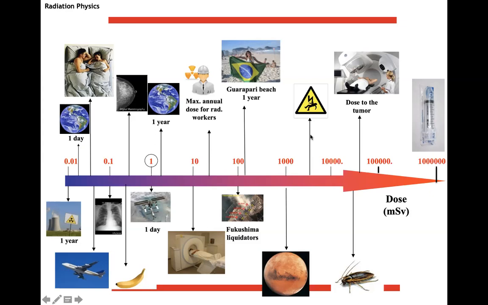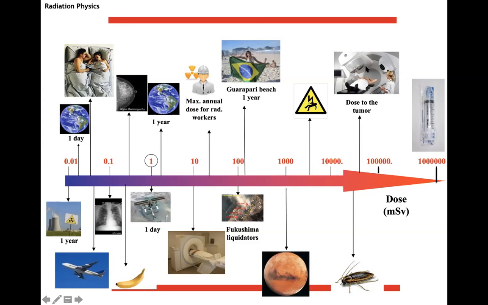But we know even higher doses. First of all, if you want to kill a cockroach or a beetle, you need a much higher dose. There are animals that are much more resistant to radiation. And second, even humans are irradiated with much higher doses in radiotherapy.